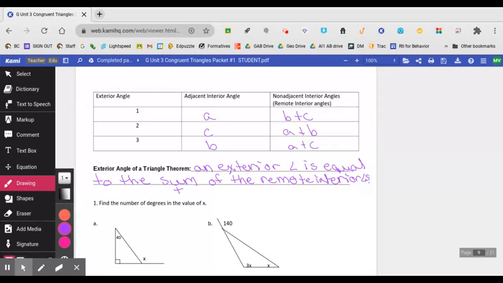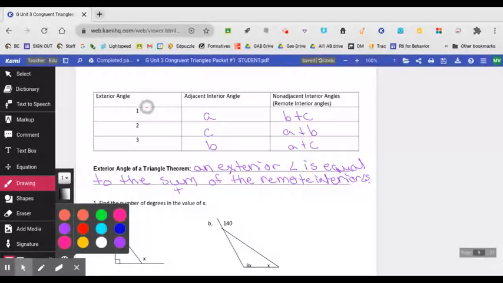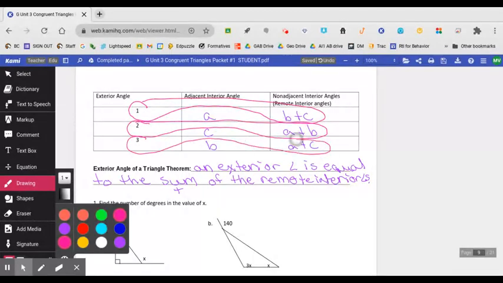So what that means up here is that angle 1 is equal to B plus C. Angle 2 is equal to A plus B. Angle 3 is equal to A plus C.